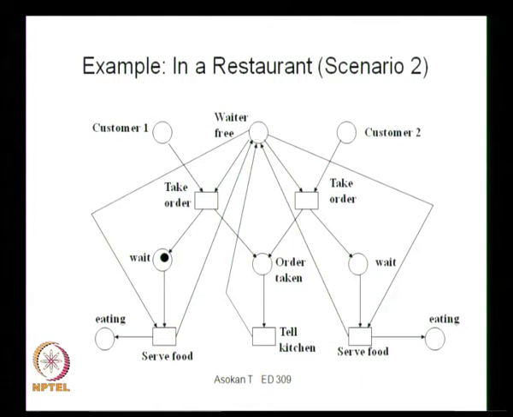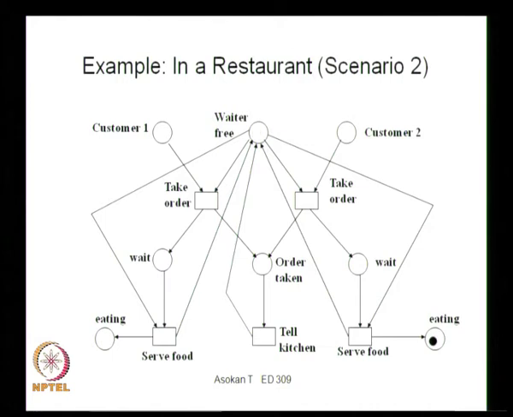Now in the second situation, the waiter takes the order from customer 2 and places the order to the kitchen, and then both the customers are waiting and the waiter is free so that he can serve food. Now the waiter will serve the food to customer 2 and then serve food to customer 1.